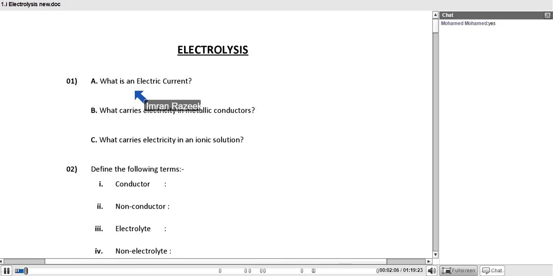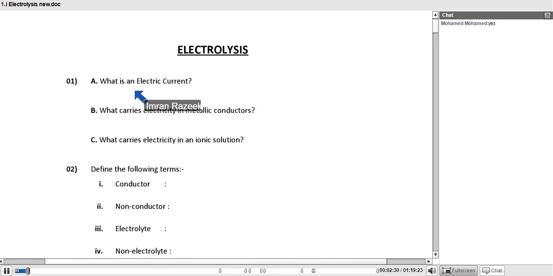Now, electric current is defined in chemistry as the movement of charged particles. It's not just movement of electrons, it is the movement of charged particles. The charged particles can be electrons, or various ions, meaning cations and anions.